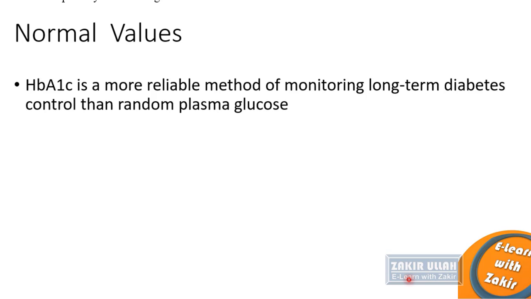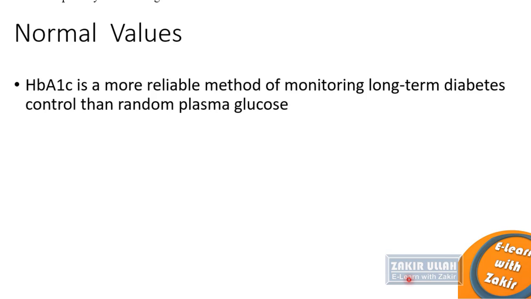For example, if a patient has a diet rich in carbohydrates, that may give a slightly higher result on that specific random sample.